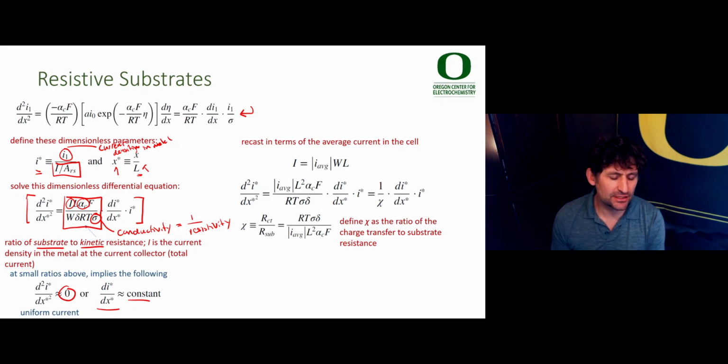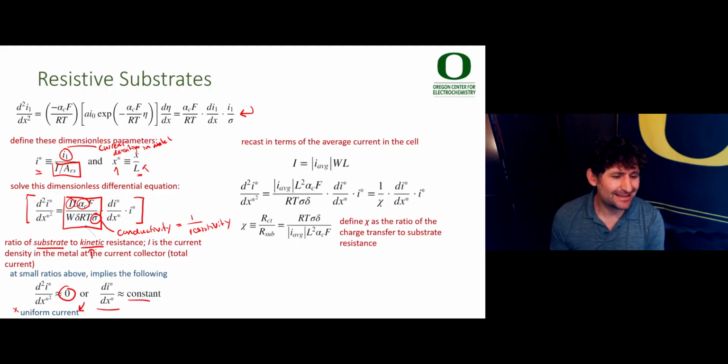So the kinetic resistance is much larger than the substrate resistance. And that is, of course, our situation when we had uniform current. If the substrate resistance is very small and the kinetic resistance dominates, that's similar to our previous situation where the potential drop in the substrate, in this case, is negligible.